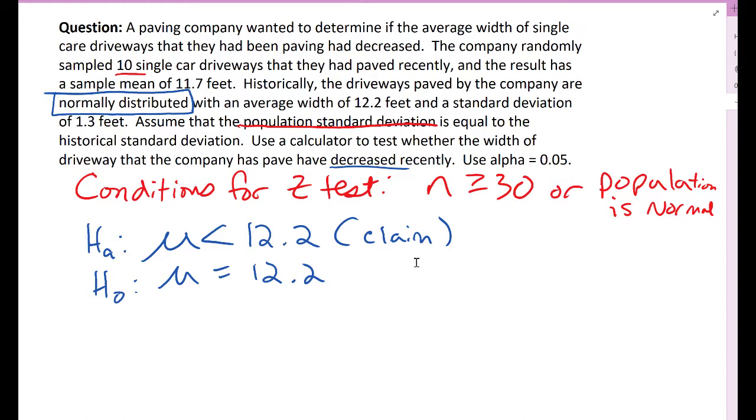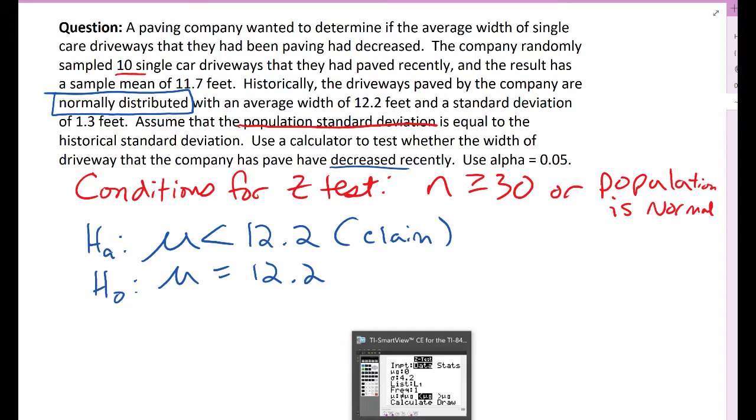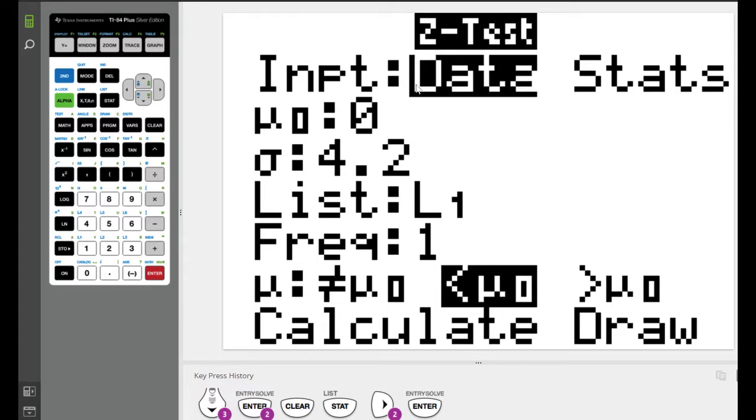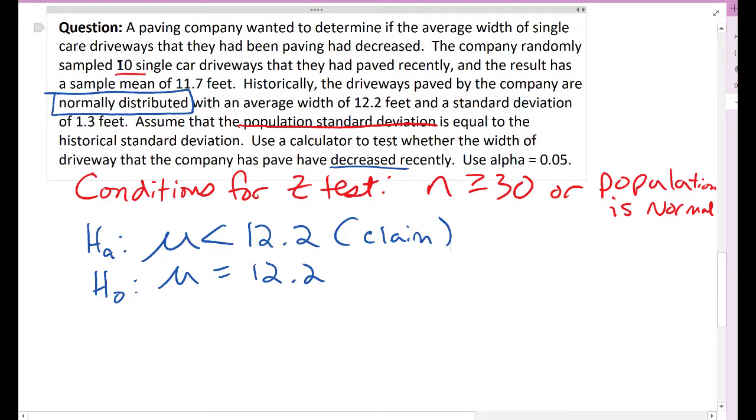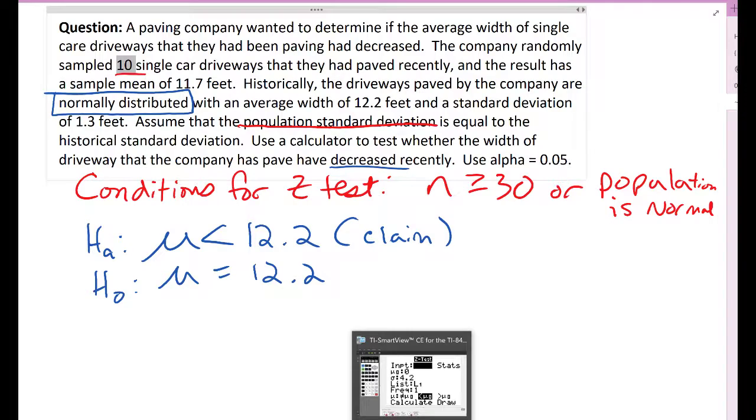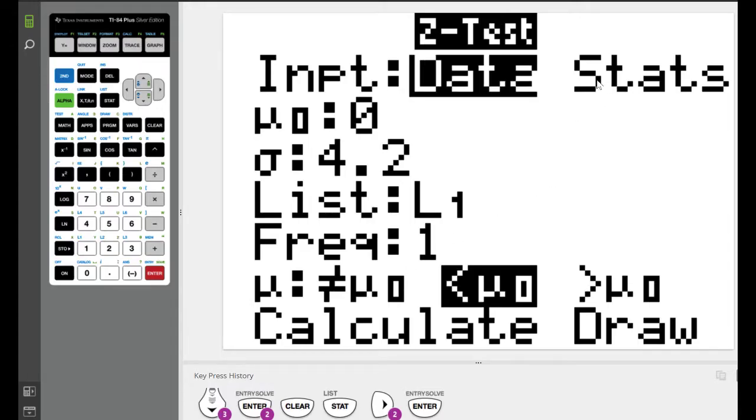In fact, let's go to the calculator. We're under z-test, and for this example we do not have the data values. What I mean is we do not have all 10 driveways in a data set somewhere. So what we have are the statistics. Let's change over to statistics.